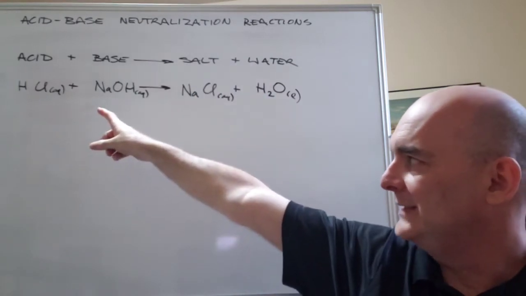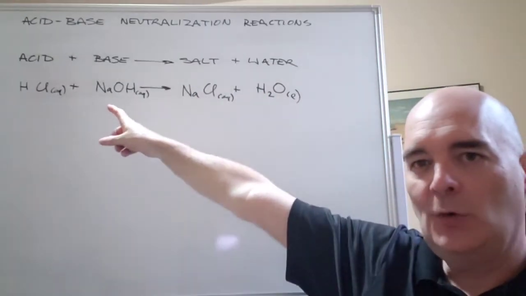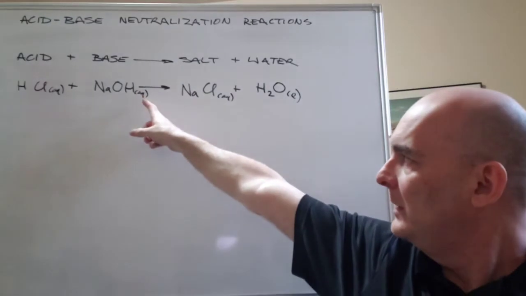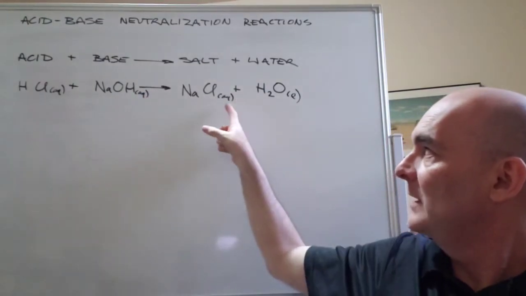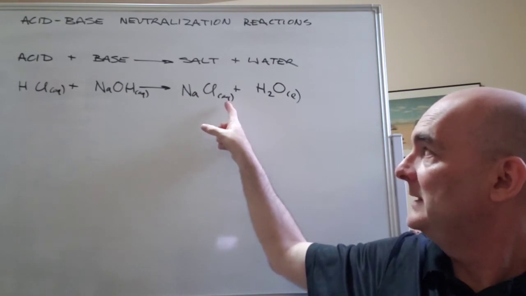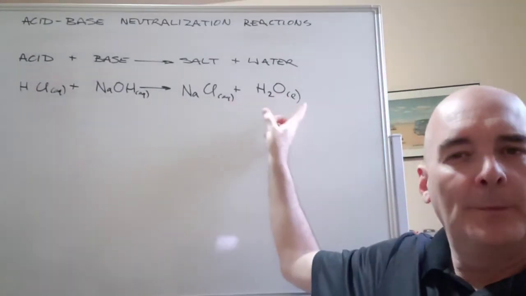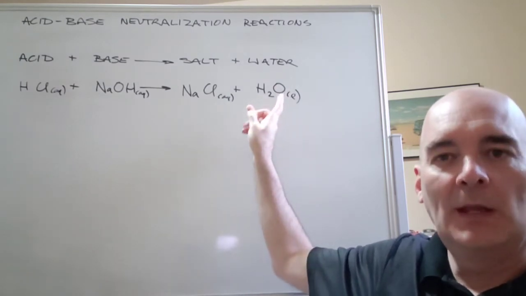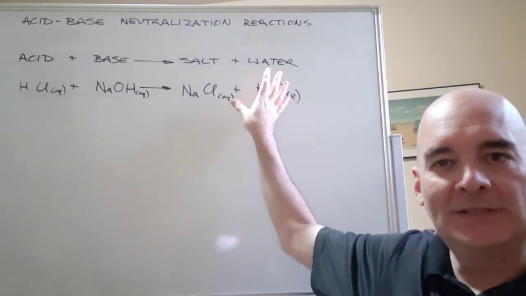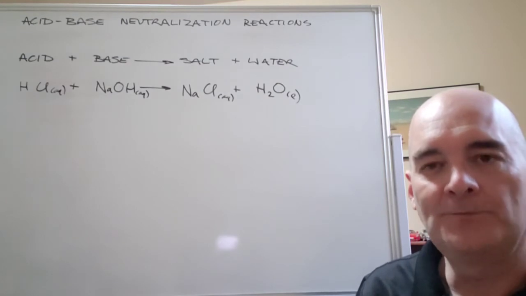Hydrochloric acid is in solution. It is aqueous. Sodium hydroxide is in solution. It's aqueous. The salt, sodium chloride, is in solution. But water is not part of the solution. Water is a liquid. And so it is its own little covalent molecule.